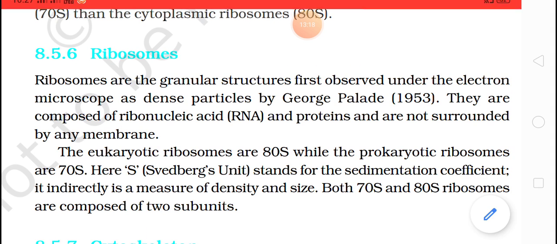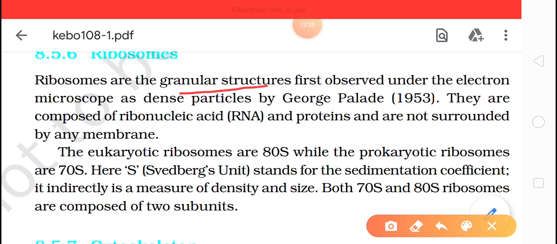Ribosomes are granular structures first observed under the electron microscope as dense particles by George Palade. So we can say, children, that ribosomes were discovered by George Palade in 1953.